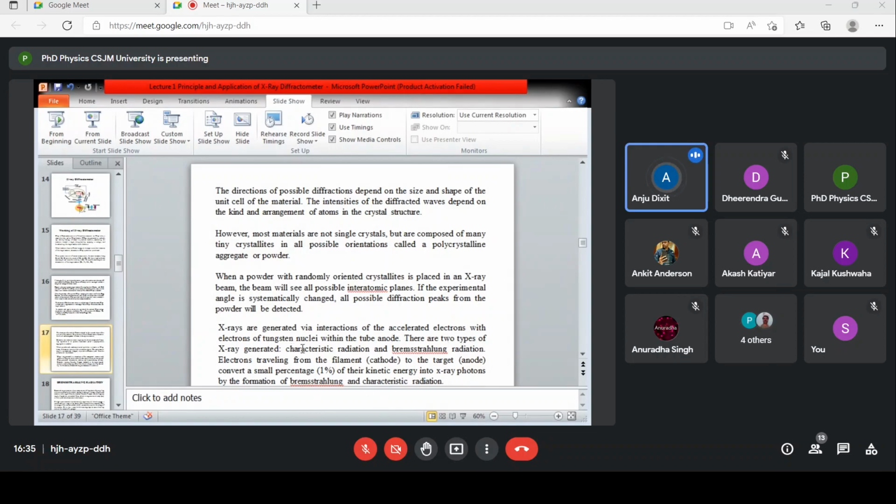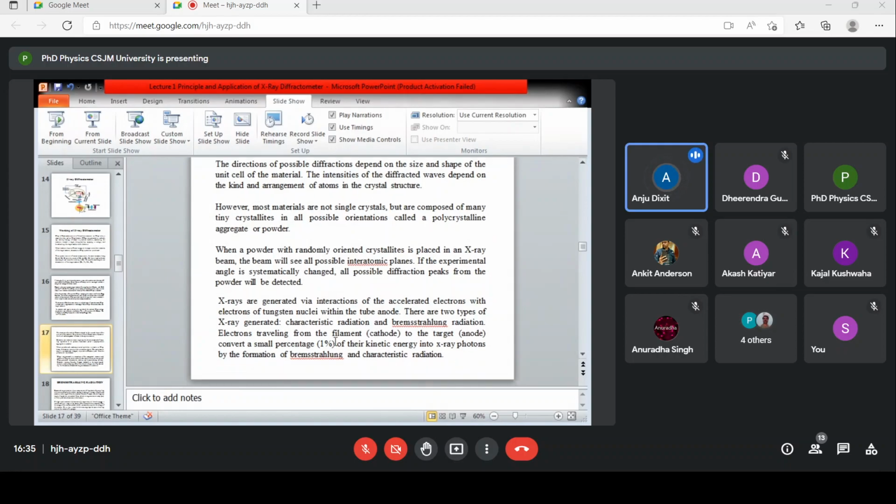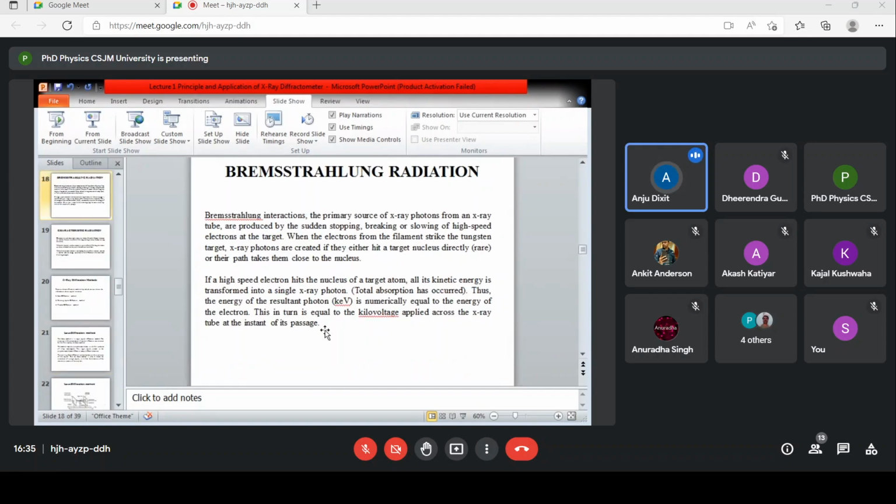There are 2 types of X-ray generated, characteristic radiation and bremsstrahlung radiation. So 2 types of radiation are produced. Electrons traveling from the filament cathode to the target anode convert a small percentage of their kinetic energy into X-ray photons by the formation of bremsstrahlung and characteristic radiation. So the 2 types of radiation produced here are bremsstrahlung and characteristic radiation. Now you will see the differences between the two kinds of radiation.